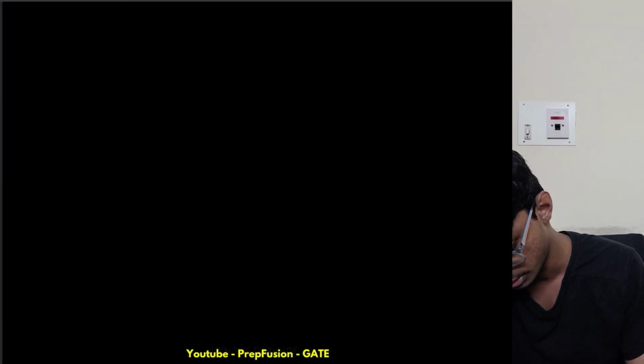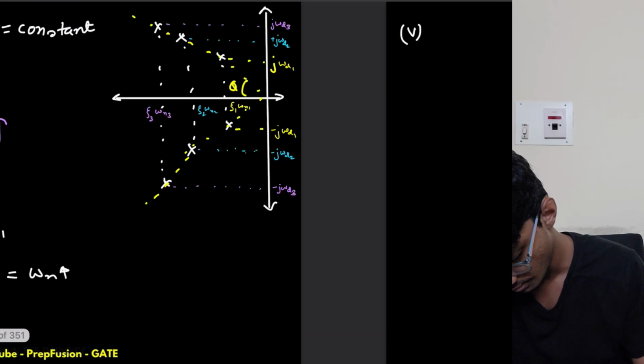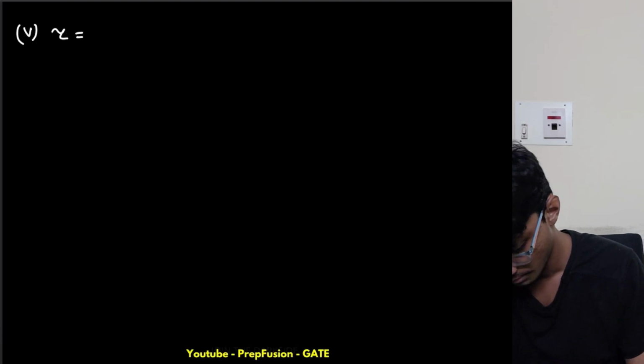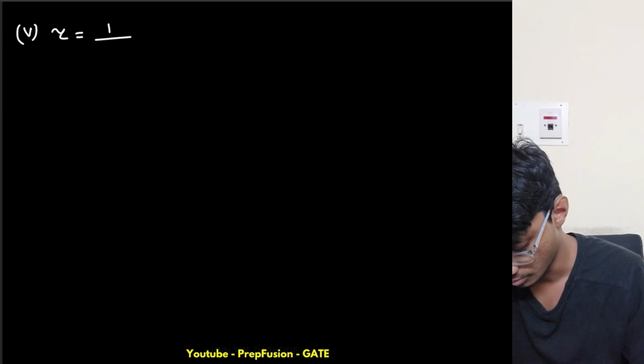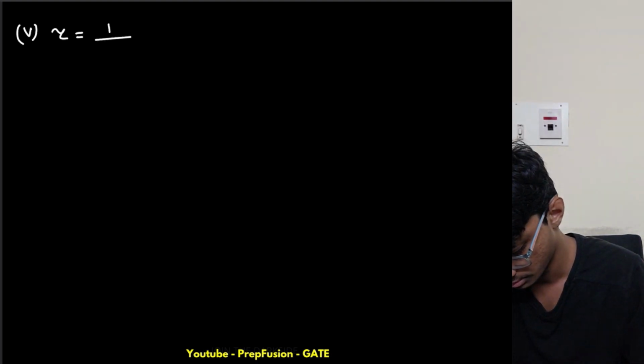So my fifth one is tau. Tau is 1 over zeta omega n, right? So my tau, this is increasing, so my tau will reduce.